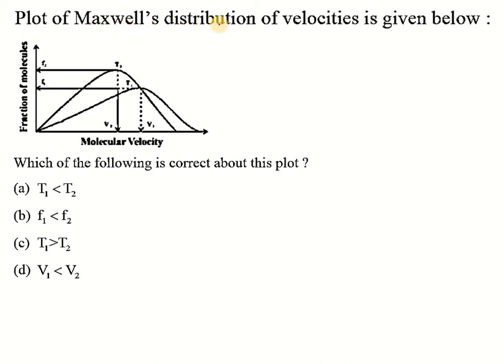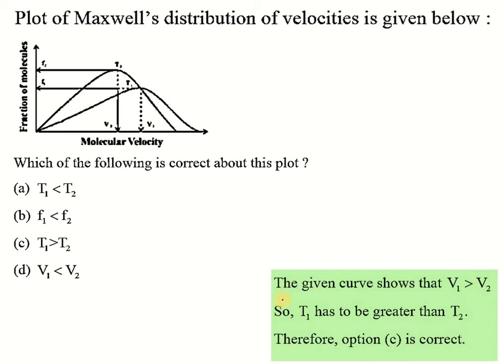The plot of the Maxwell distribution of velocities is given like this. Along the y-axis is the fraction of molecules, along the x-axis are molecular velocities. Which of the following is correct about this plot? If you see the V1 and V2 cases, the curve shows that V1 is greater than V2, so temperature T1 has to be greater than T2.